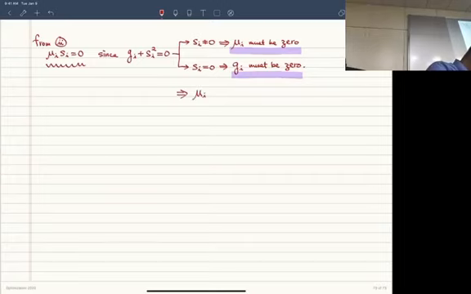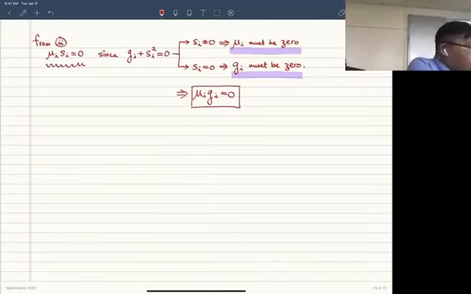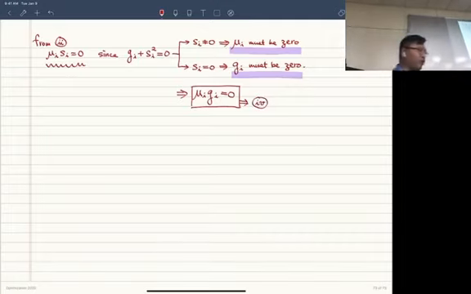When we say mu i g i equals zero, they could both be zero or either one of them is zero. Okay, so that's how we have our fourth equation.